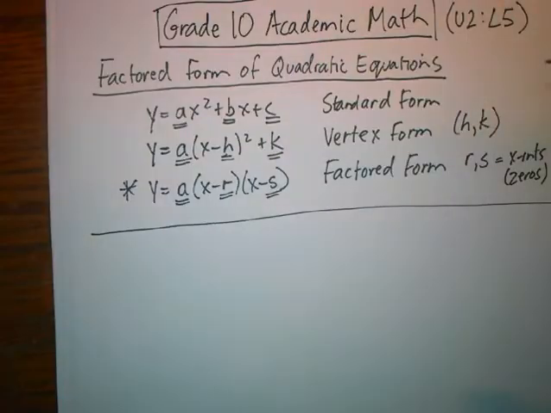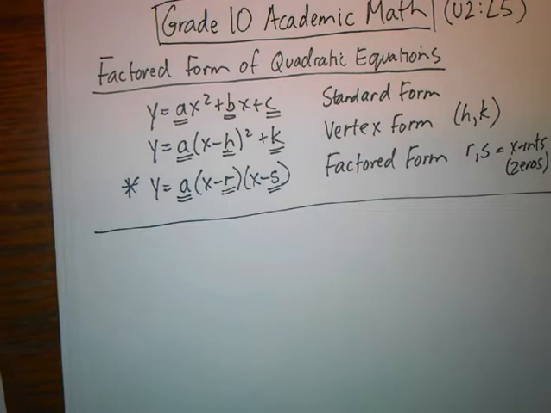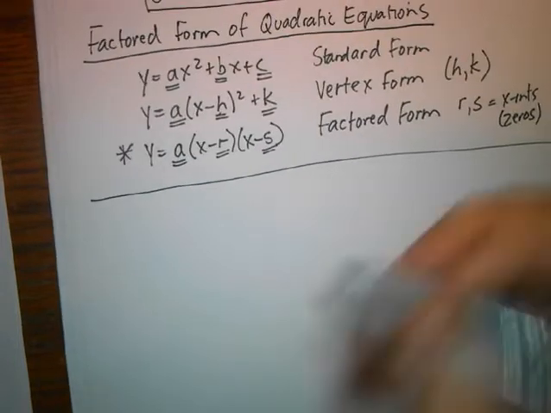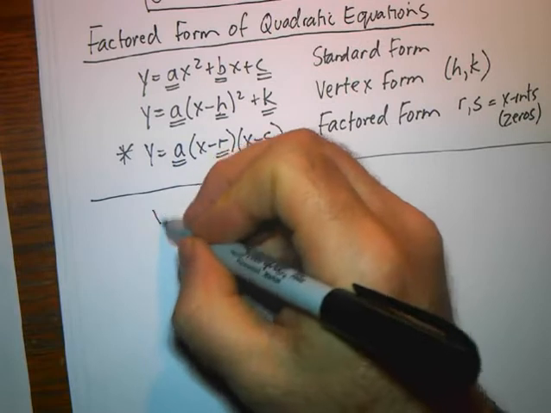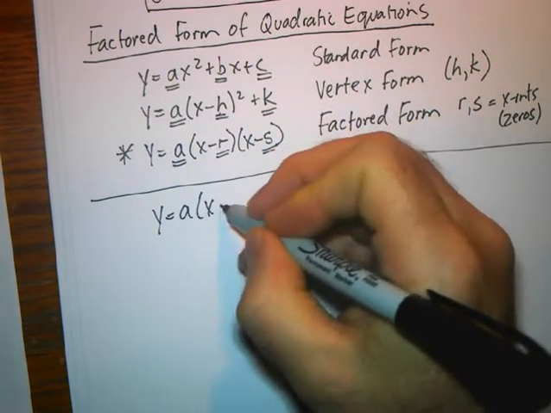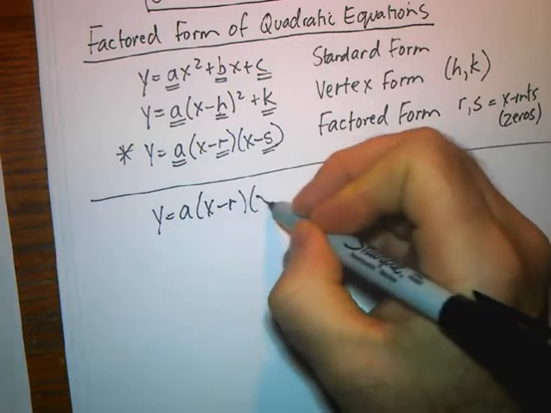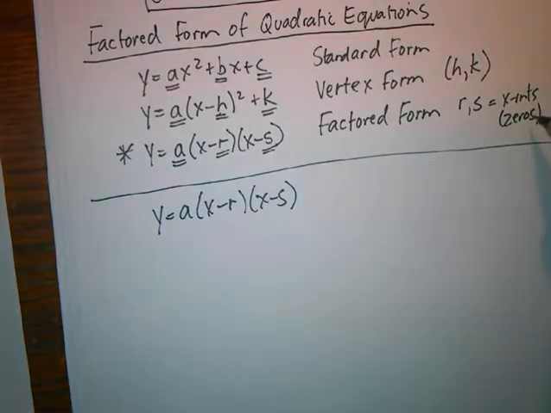What I would like to do is come up with an example of a factored form equation. Let's start with the one we had up here with the a's and the r's and the s's. That's what it looks like. I want to explain why the r and the s are actually the zeros or the x-intercepts.